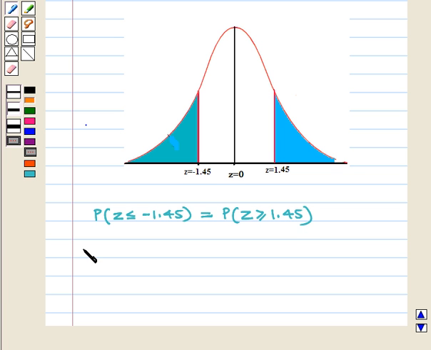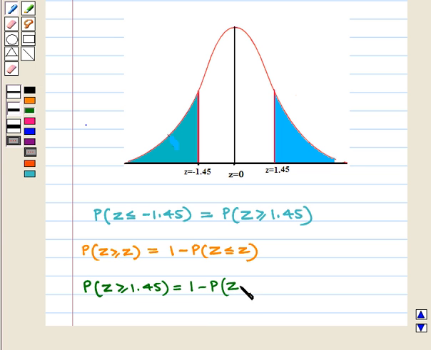We know that probability of z greater than equal to z is equal to 1 minus probability of z less than equal to z. So we have probability of z greater than equal to 1.45 is equal to 1 minus probability of z less than equal to 1.45.